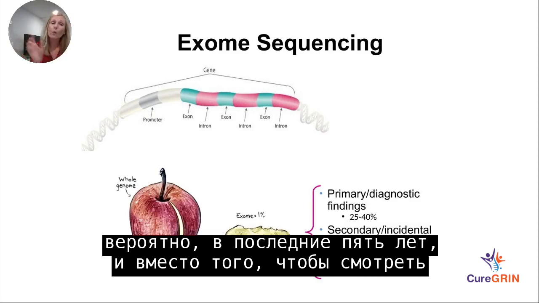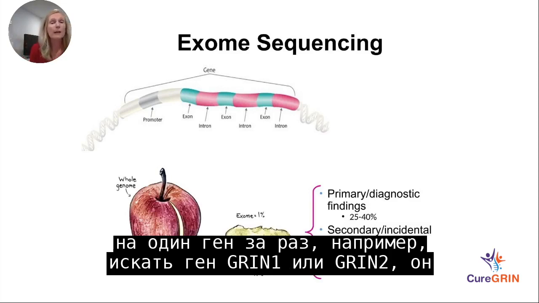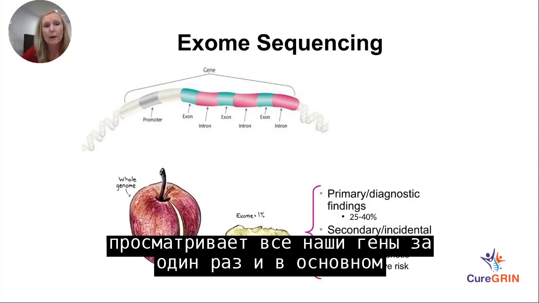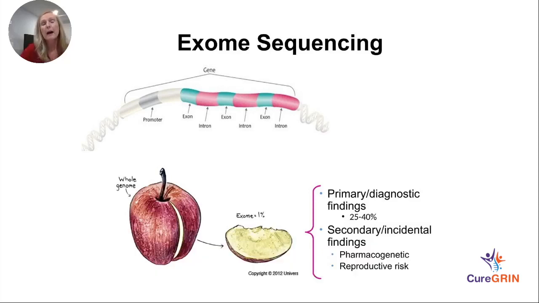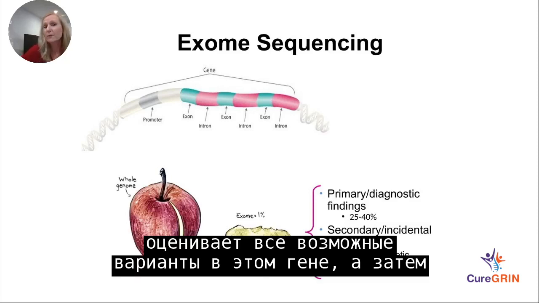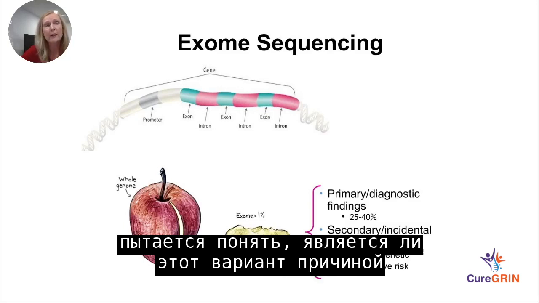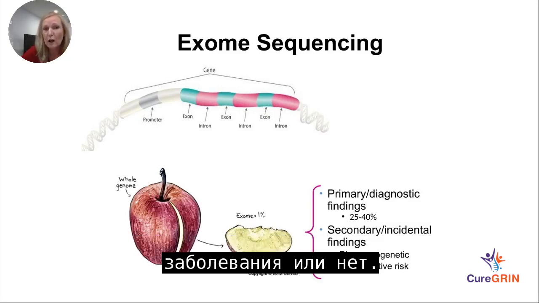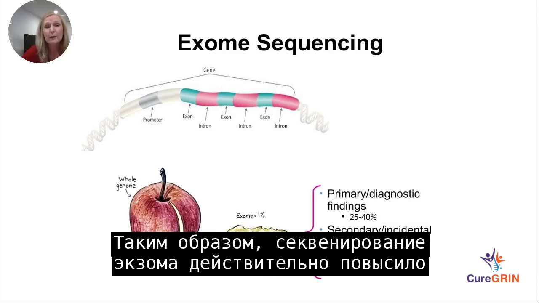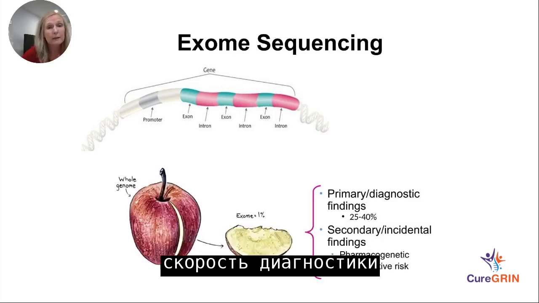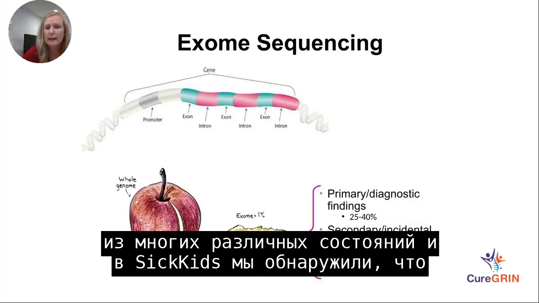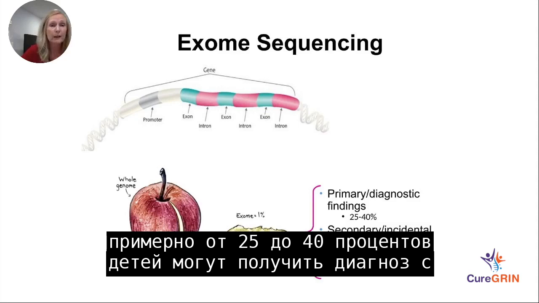And instead of looking at one gene at a time, like looking for a GRIN1 or GRIN2 gene, it looks at all of our genes in one go and basically assesses all of the potential variants in those genes, and then tries to understand whether that variant is causing the condition or not. So exome sequencing has really increased the rate of diagnosis of many different conditions. And at SickKids, we found that probably about 25 to 40% of children are able to have a diagnosis with exome sequencing.